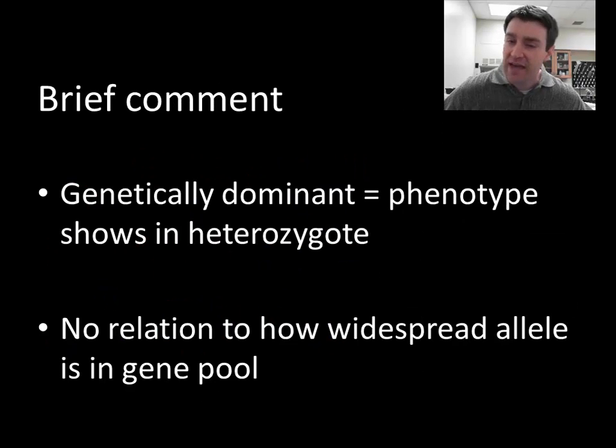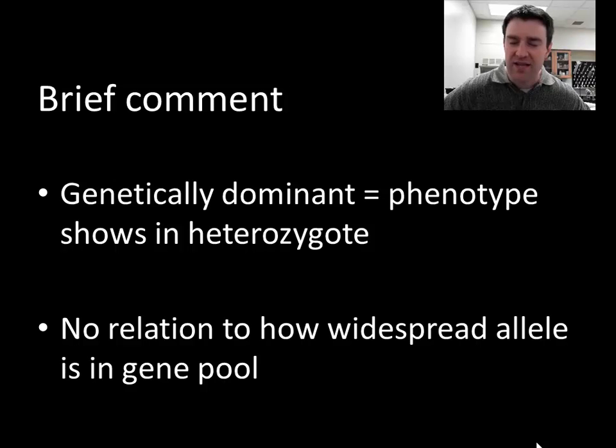If you saw in that last slide that most of the alleles or most of the organisms showed the recessive phenotype, sometimes students ask a question like, does that allele become dominant because most of the organisms have it? I just want to try and avoid the confusion. Genetic dominance and genetic recessiveness is different from how widespread an allele is in the gene pool.